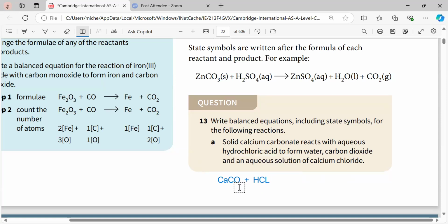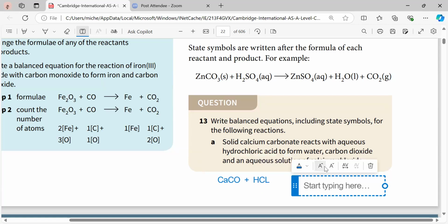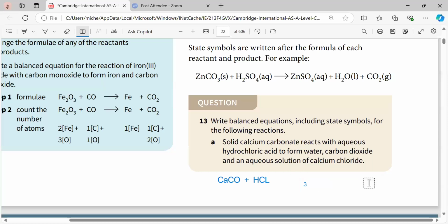Okay, so I almost forgot to add the 3 right there. It's pretty crucial. If I forgot to add that, then the equation would not be balanced. It would be a complete mistake. There we go. Okay, so now, solid calcium carbonate reacts with aqueous hydrochloric acid.